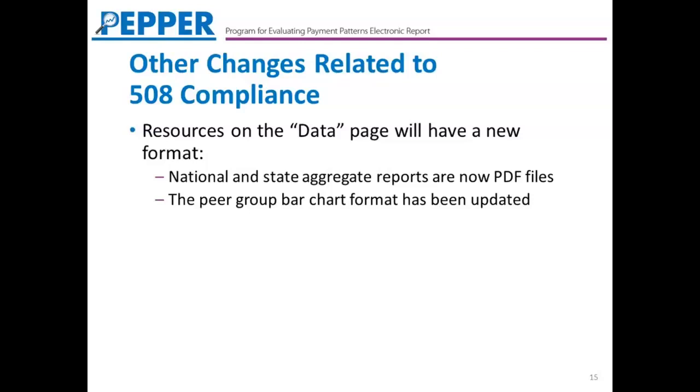Also, the peer group bar chart format has also been updated. So you will notice that there are some new formats, some other changes again, and these are all related to ensuring that all customers can access and utilize the information that we make available on our website.